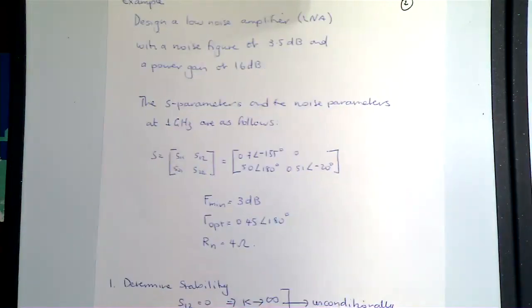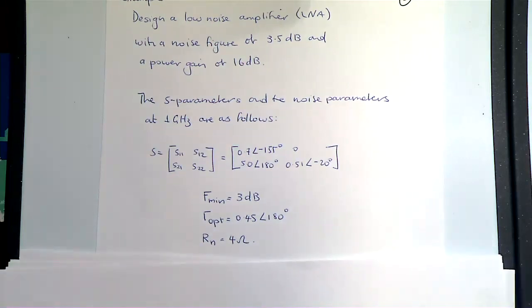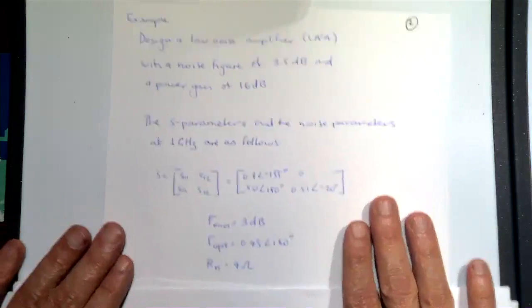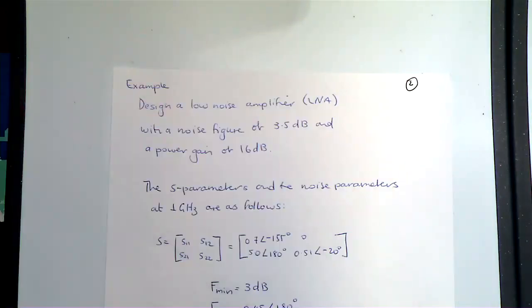Now I can hide. The advantage of me not putting up the lecture notes is I can actually start getting some interaction from you. Suppose it was an exam question, or, even better, you were doing this because you wanted to build a real amplifier.